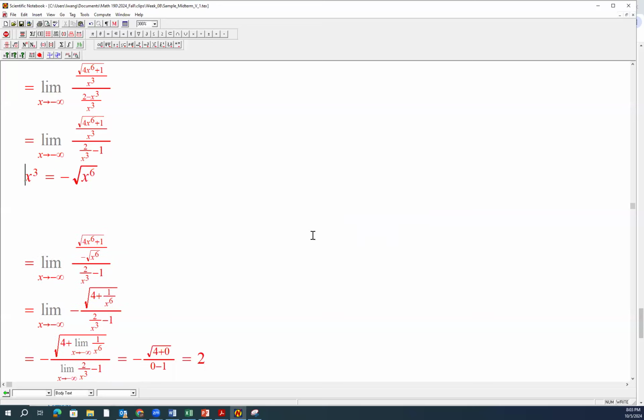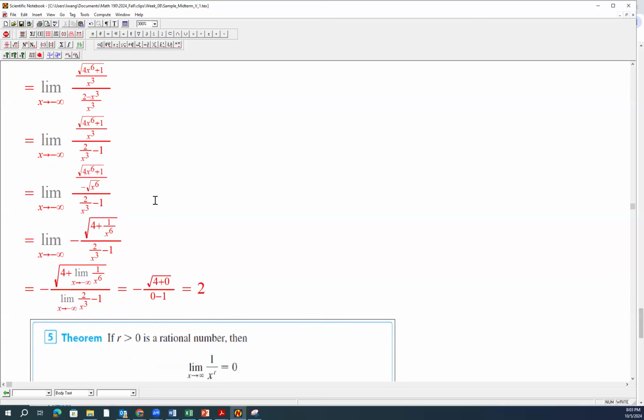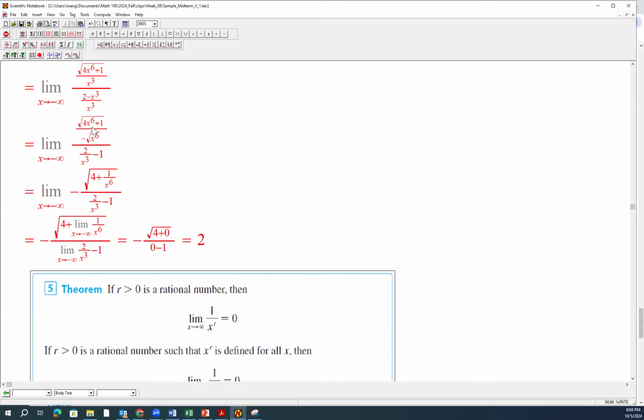Once we are able to substitute x raised to the power 3 by the square root of x raised to the power 6, we found this relationship, so we will be able to continue. I'm going to remove this line. So the numerator turns into this: x raised to the power 3 is replaced by the square root of x raised to the power 6.